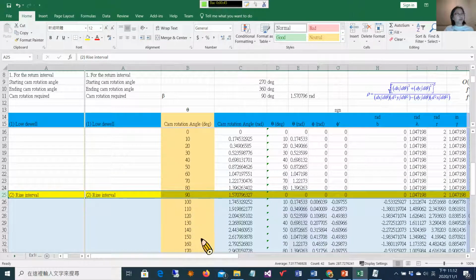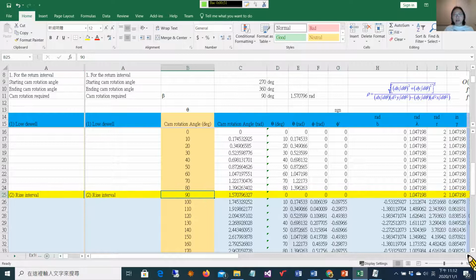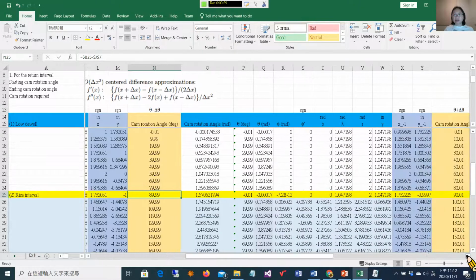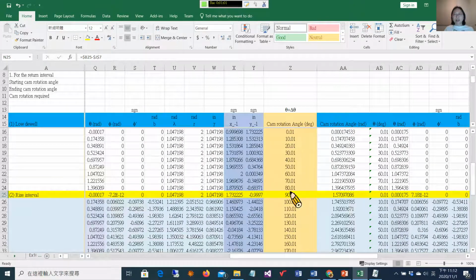We compute the coordinates of the cam profile for cam angles 18.99 degrees, 19 degrees, and 19.01 degrees.